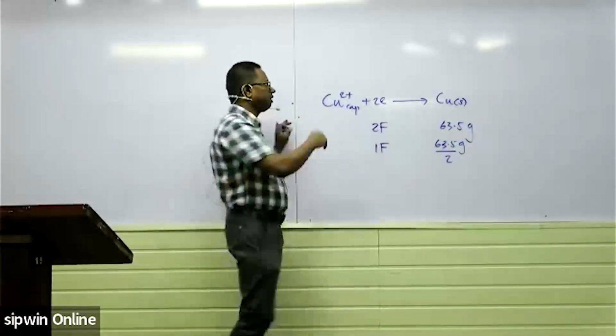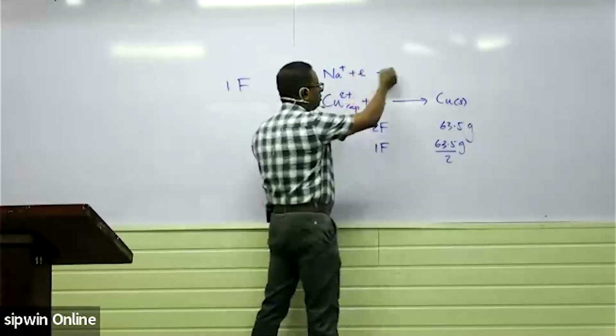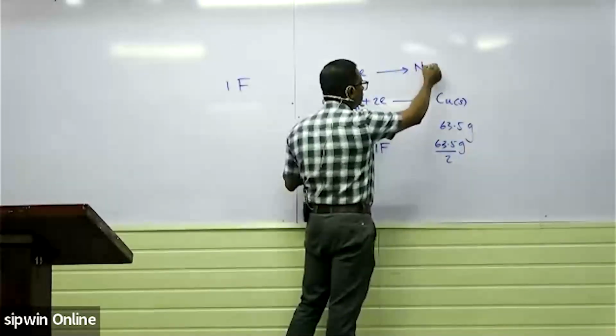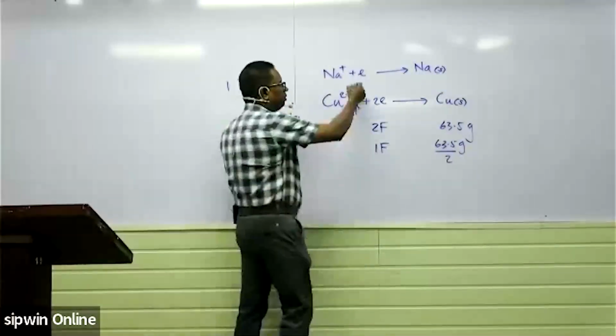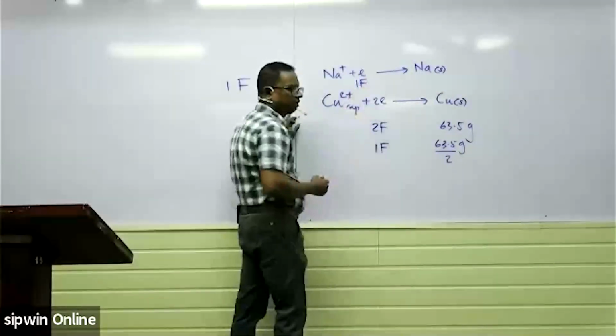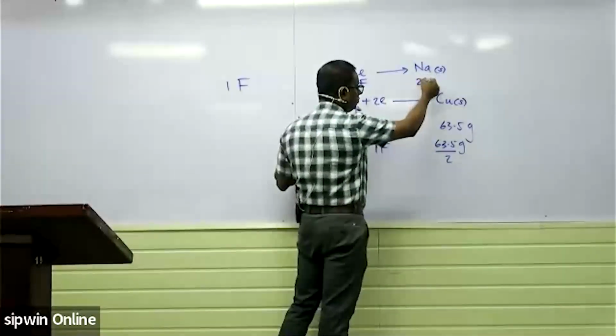Like that, for example, sodium. Sodium takes an electron and becomes solid sodium. When I pass 1 Faraday, I can have 1 mole here, 23 grams.